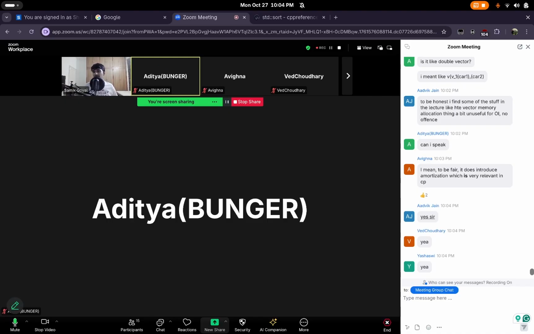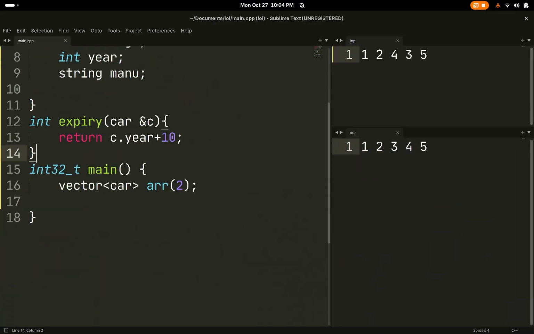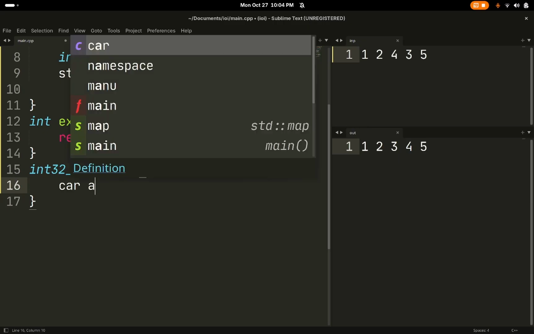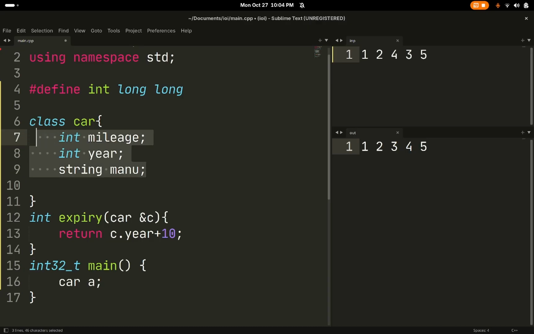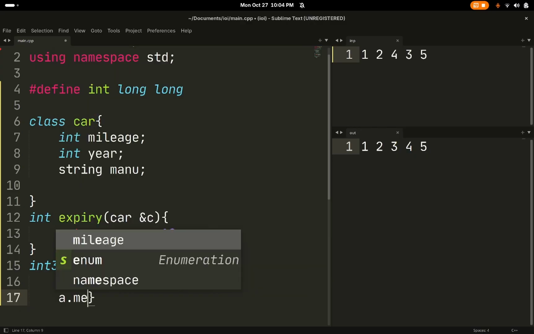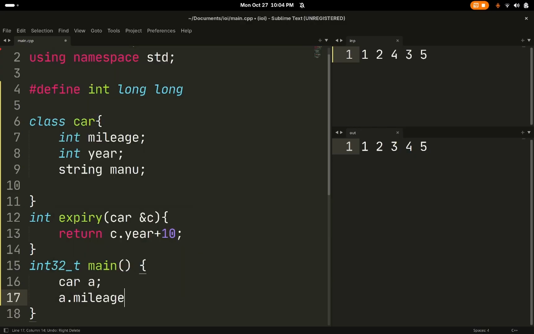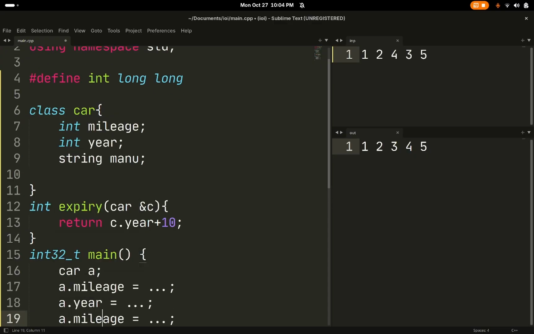All right. So let's go over some sample code quickly. Let's say I had a car. Now the thing is, how do you actually create a car? Like, how do you assign it values? One of the ways would be to create a car A and then set A dot mileage to be something, and then A dot year to be something, and then manufacturer to be something.